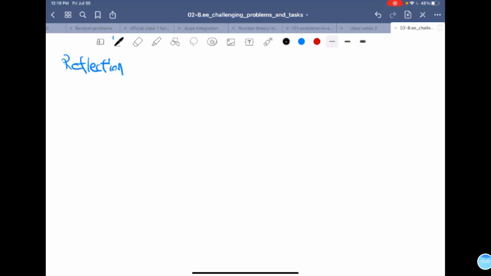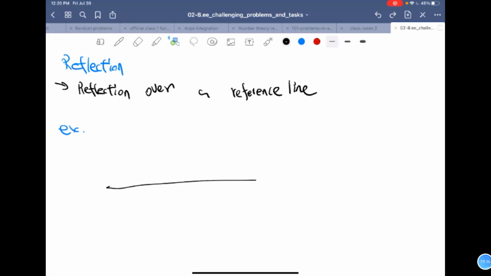Alright, so at this point we will just generally talk about reflection over a reference line, okay? For example, a quick demo. I'm gonna switch this to black actually.